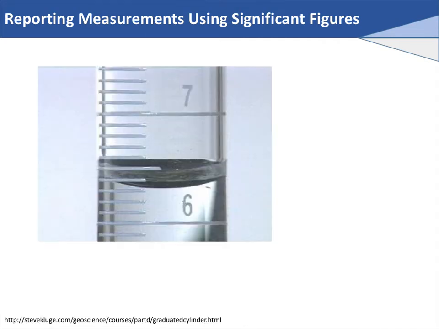One last look at a graduated cylinder. Notice the interval is 0.1. The interval divided by 2 means my uncertainty is 0.05. And I think the bottom of this meniscus is somewhere between 6.3 and 6.4. I think probably 6.33 centimeters cubed plus or minus 0.05 centimeters cubed.